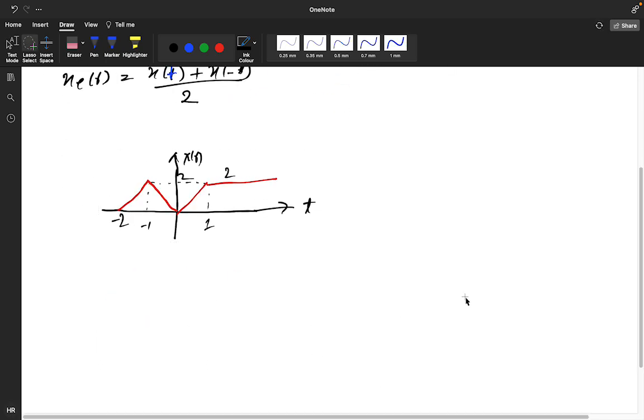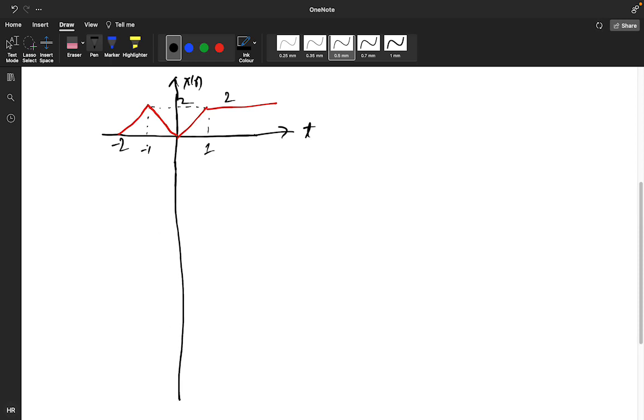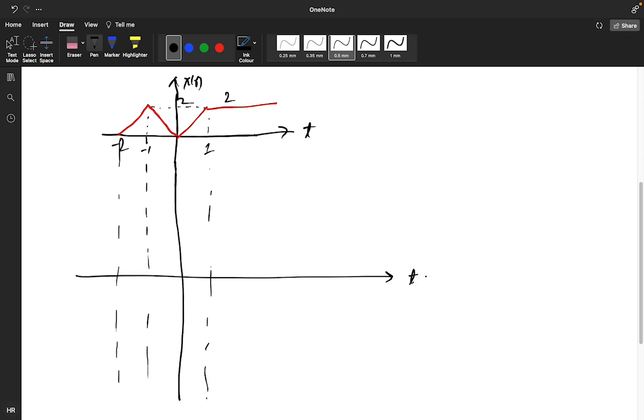And the dotted line like this. So here I am drawing the x of minus t signal.